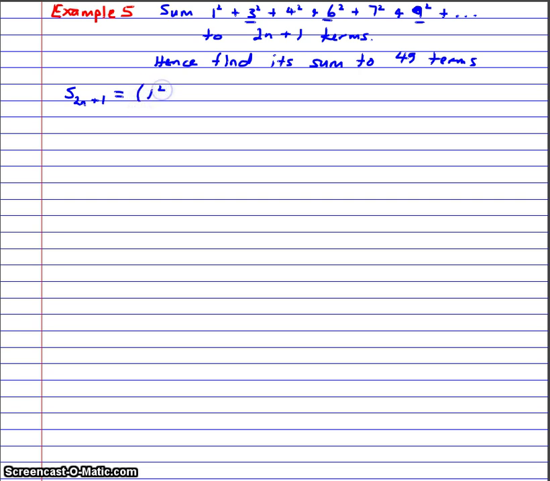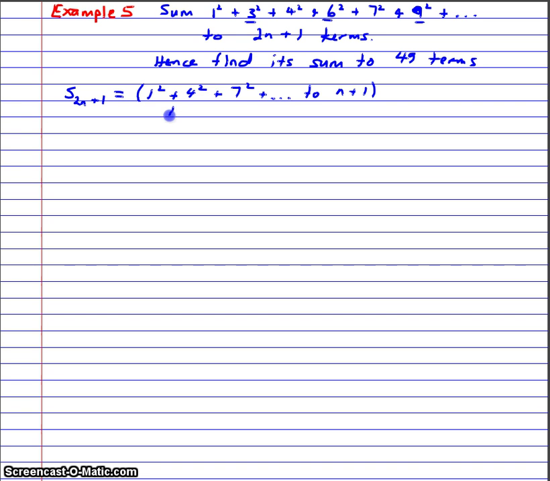We've got 1 squared plus 4 squared plus 7 squared, and that continues on, and that is to n plus 1 terms, because that's our starting off series, because the very first term in that series is the 1, then that's going to have the extra term.